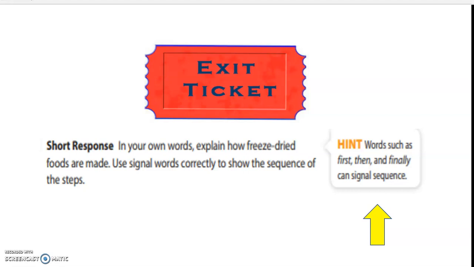Boys and girls, this video is for your viewing. At any time, you can pause the video to answer the questions, or you can go back in the video to see something to make it clearer to you. Use this video however you like to help you get a better understanding of sequence and cause and effect.